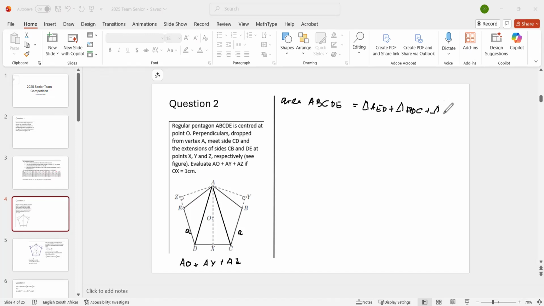And the one on the right is ACB. And the nice thing about these, that's why the strategy is interesting, is that these become the heights. So they will feature here. The area of triangle AED is half base. Your base is this, times the height.